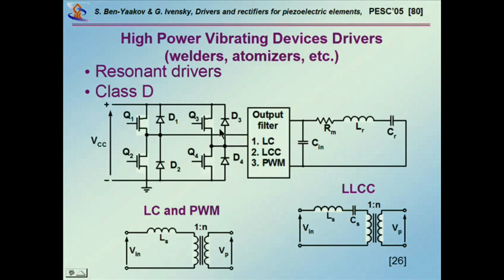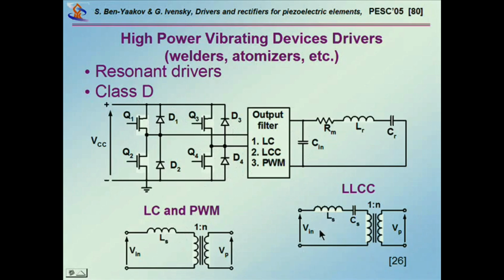In a recent work, not ours, this is by others, you'll find it in reference 26, they have compared 3 different drive methods for a piezoelectric element of this kind. One is using an LC network. This is a resonant one.